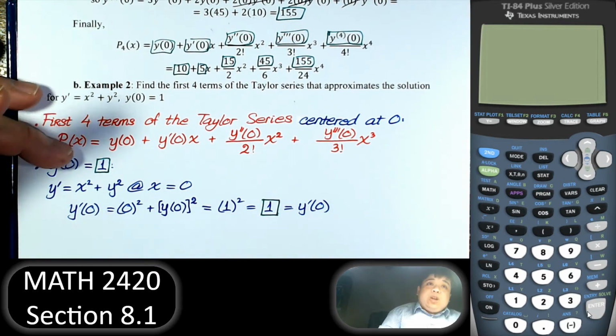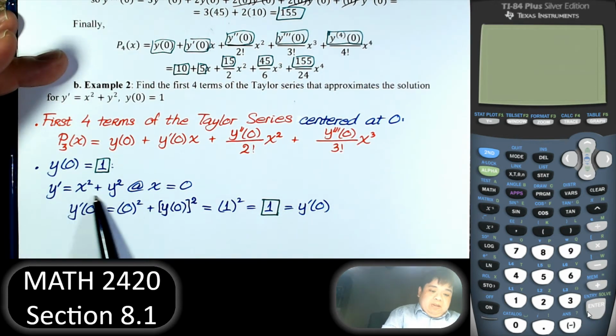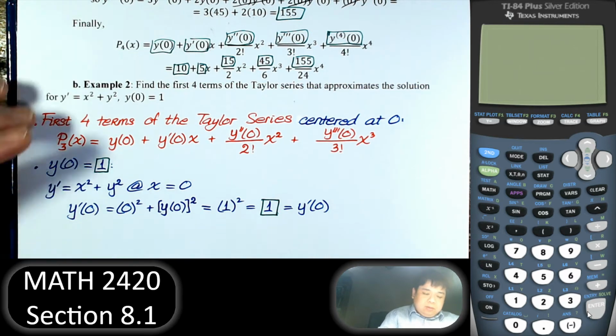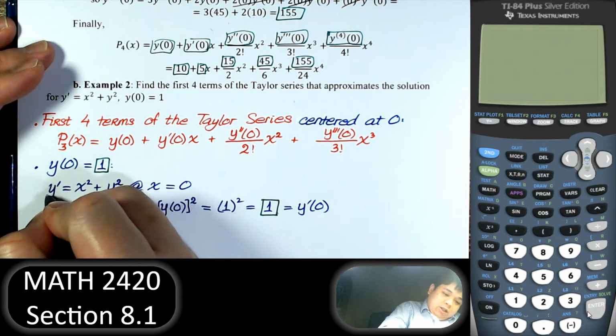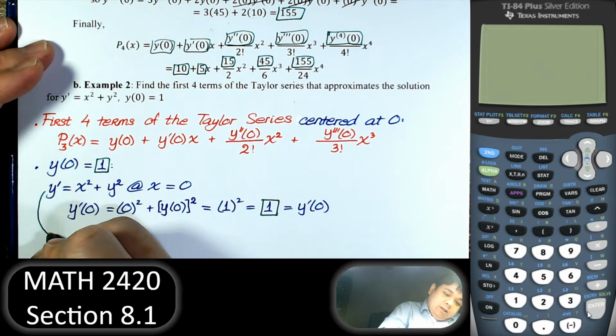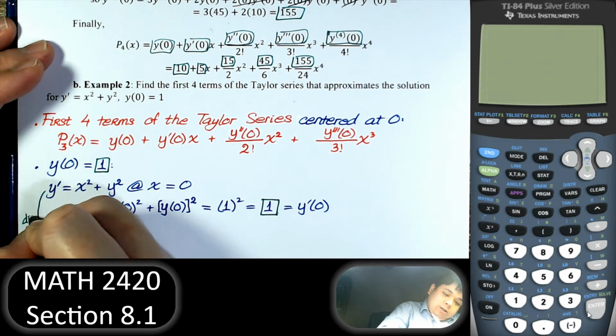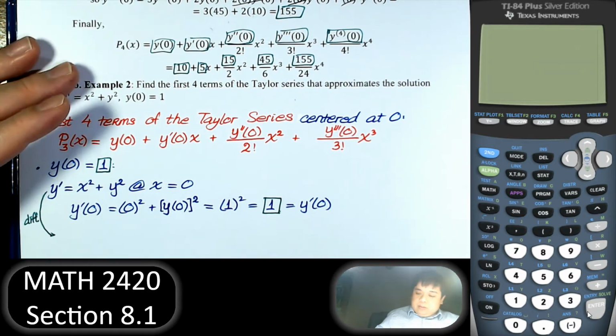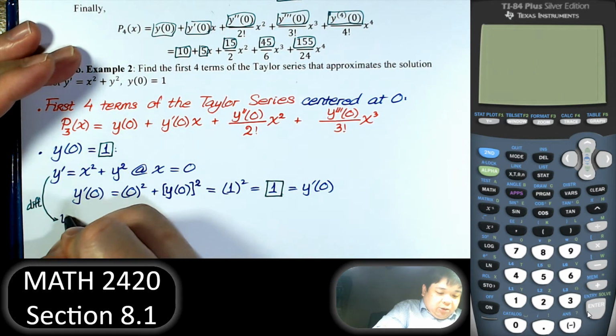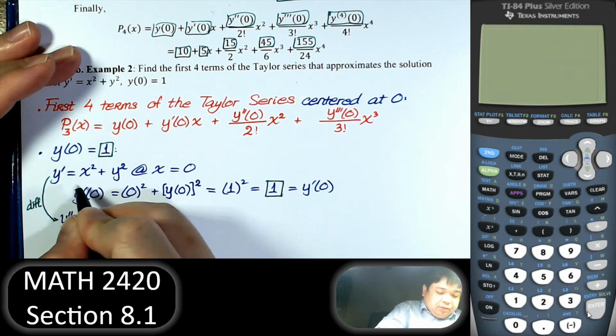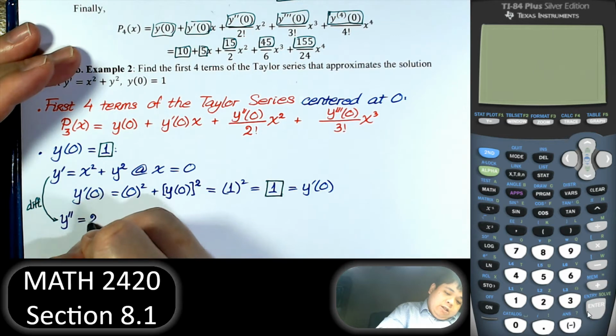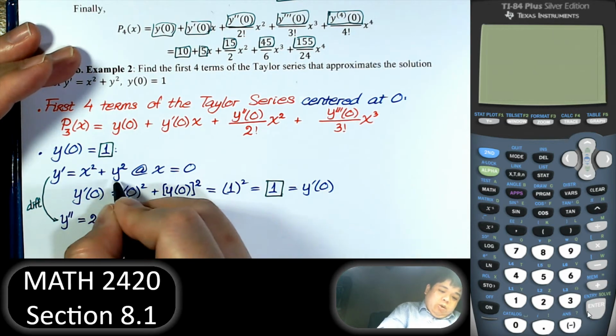Now, to get the second derivative, of course, we're going to take the derivative of this. So we just differentiate. We have the second derivative easily. Derivative of x squared is 2x, derivative of y squared.